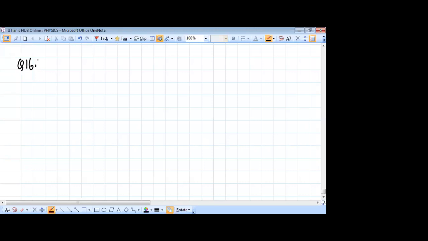Okay. So basically, let's say that forces P, Q, and R are acting such that the angle between P and Q is 120. There's something like this. Let's say.